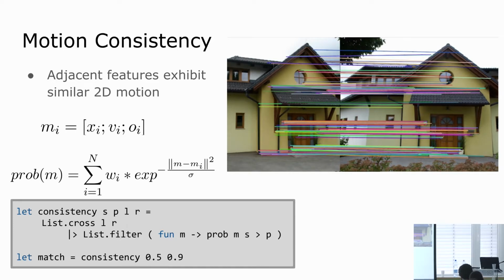Let's look at the implementation. After we have calculated this prediction function, we can implement this simply as a filter operation. We have some kind of sets. We use immutable data structures here, and then we just filter them and make sure that the set of resulting feature matches has the properties we want.